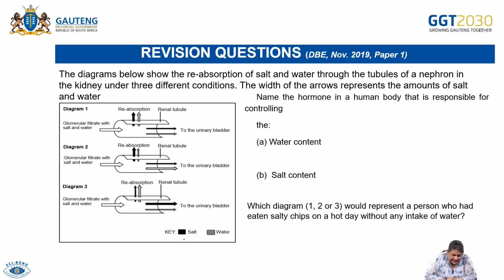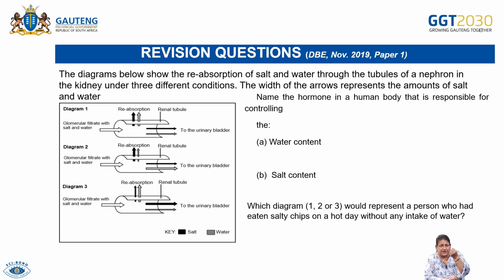So now there's a key here. This solid black arrow is indicating salt. This light gray arrow is indicating water. Now let us see. This little round thing is actually your kidney tubule. And this unshaded arrow is the flow of filtrate.